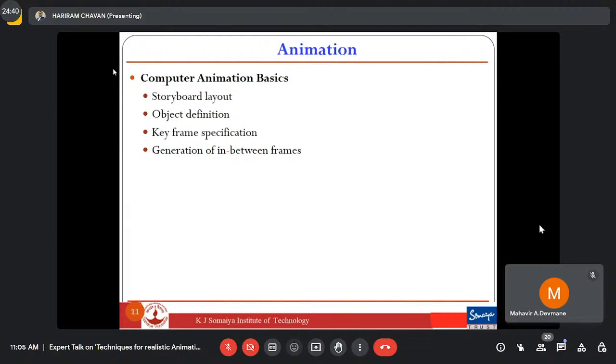These objects can be defined in terms of the basic primitives of computer graphics, which might be different shapes, for example circle, triangle, a polygon, or splines and something like that.